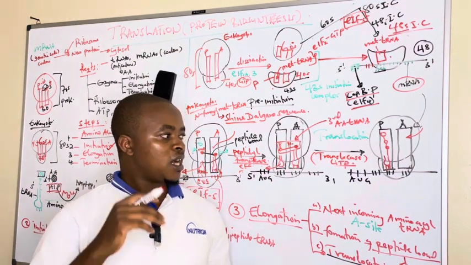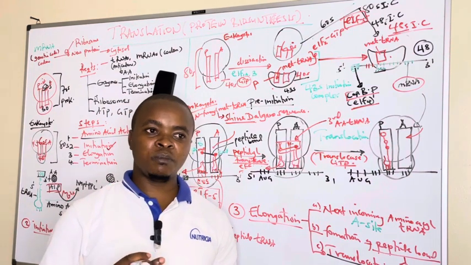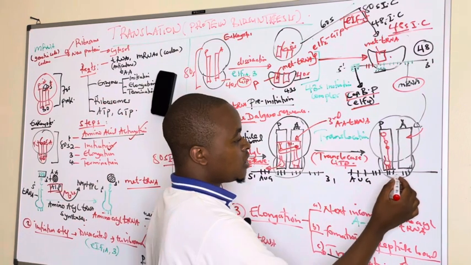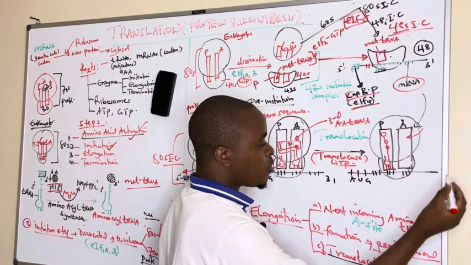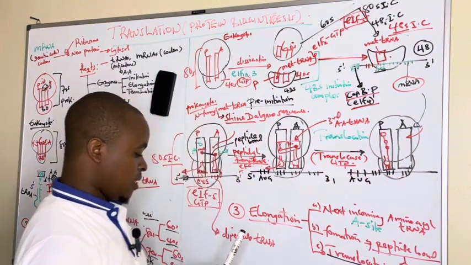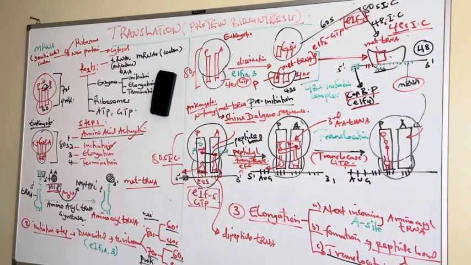All of those are what characterize this elongation step, and it continues repeatedly, translocating until it reaches a stop codon. And this is what we are going to discuss under the termination step.